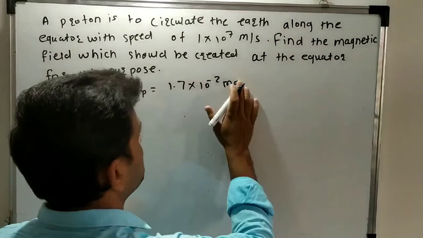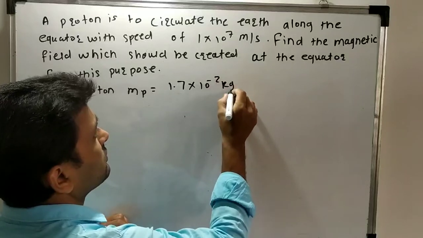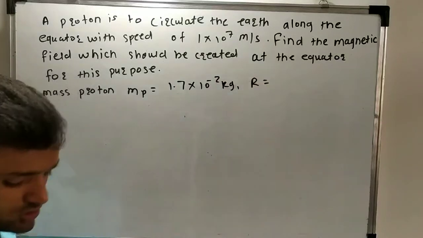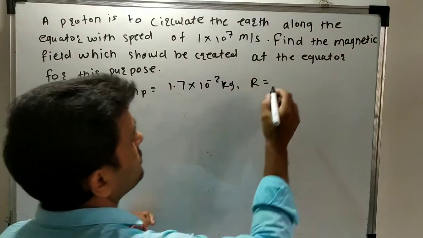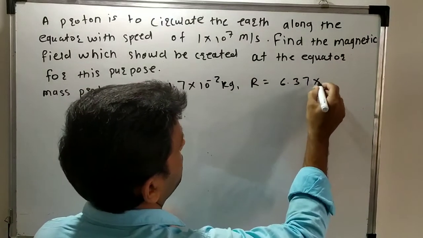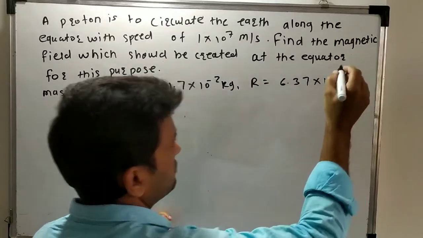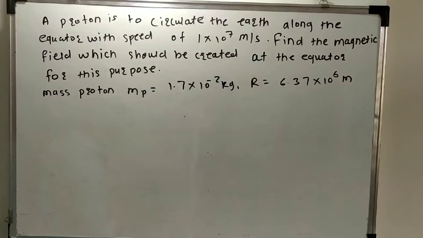The radius of the earth is also given. What is the value? 6.37 into 10 raised to 6 meter. So these are the given values.